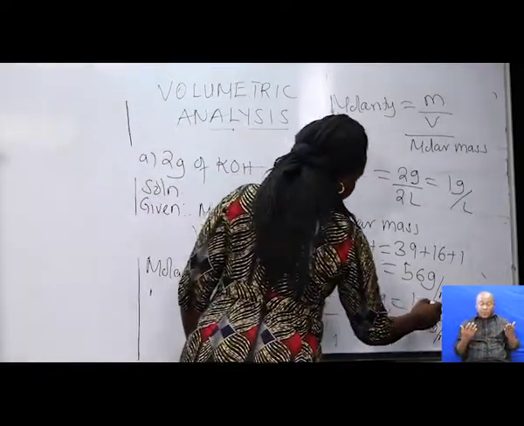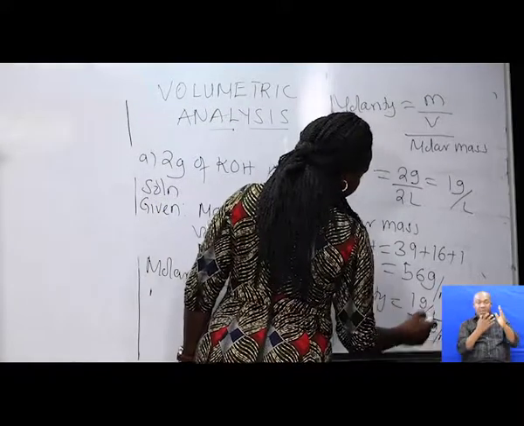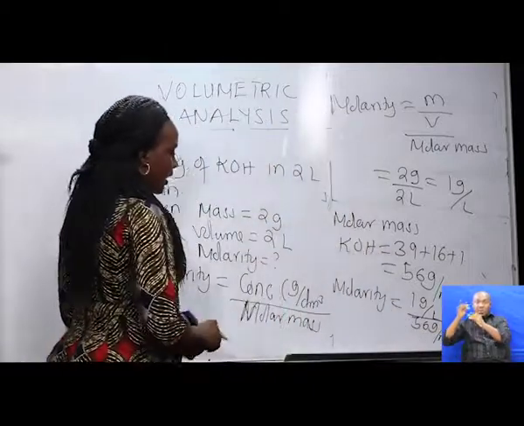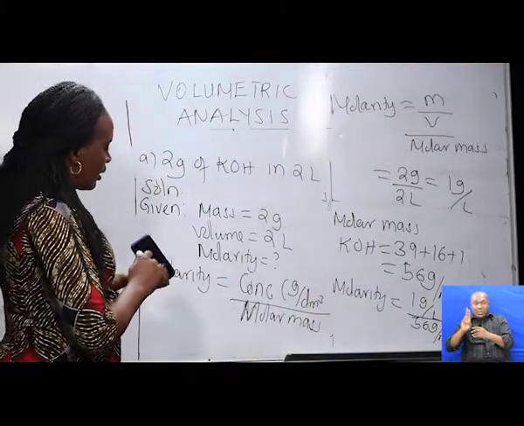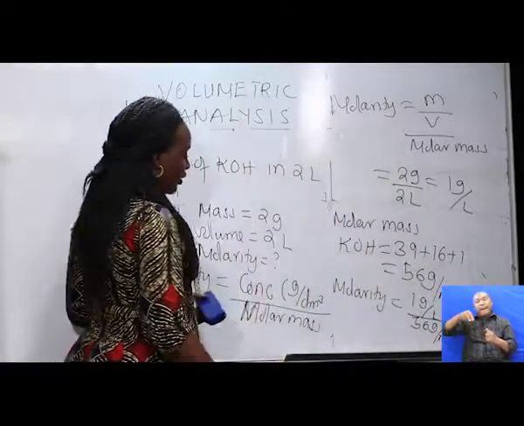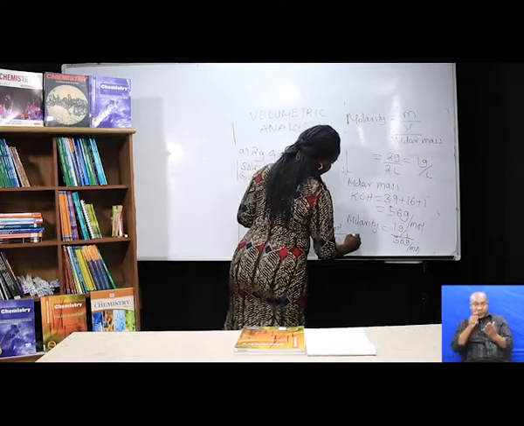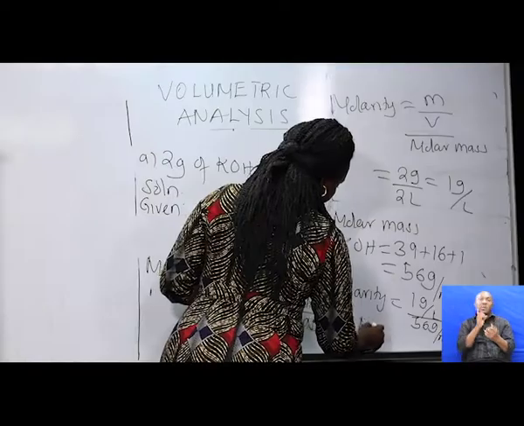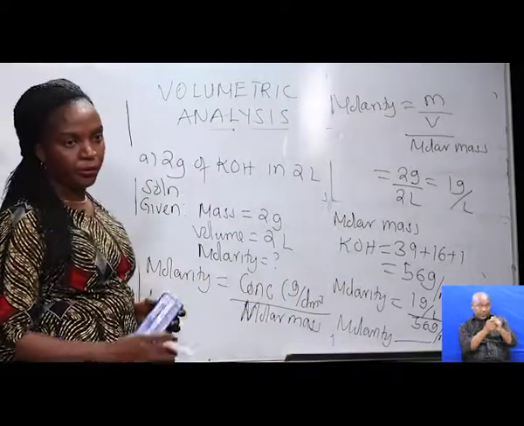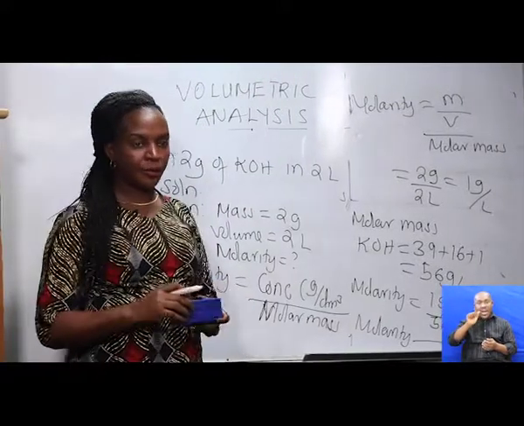Gram and gram will cancel, moles will come up, and liter will remain down, so the unit will be moles per liter. If you compute in your calculator, the value you get will be the molarity. Now you can use your calculator and try to compute the value of molarity.